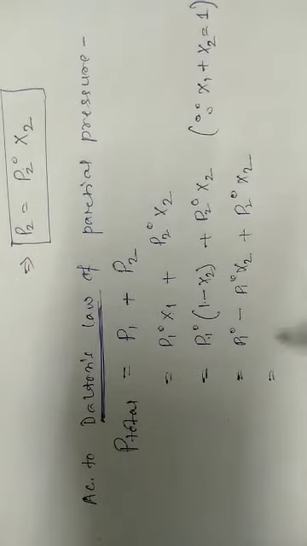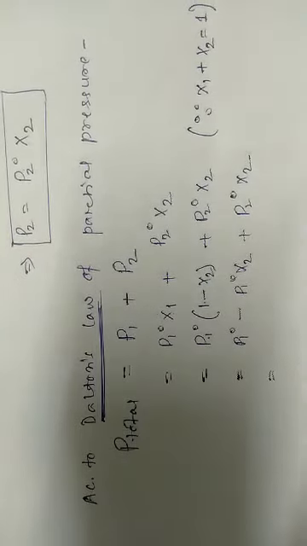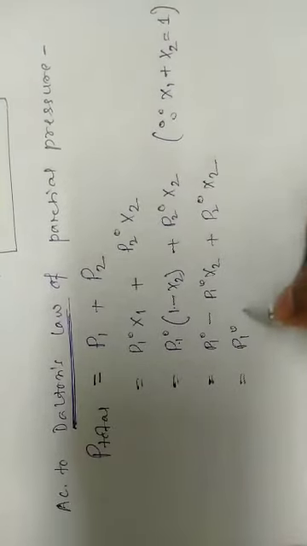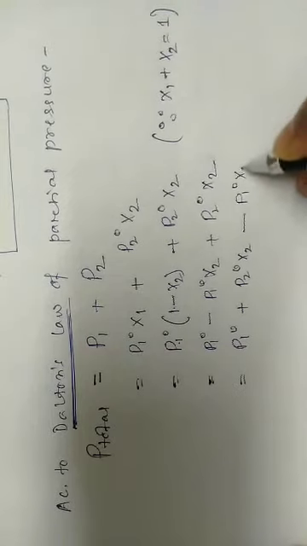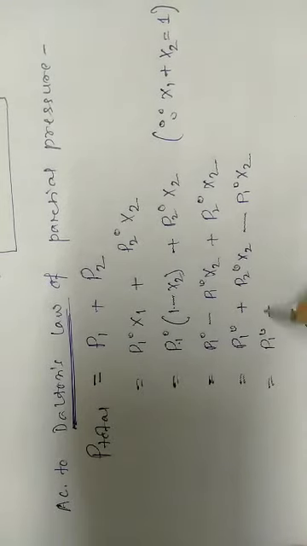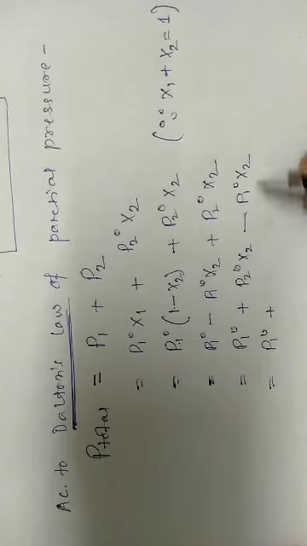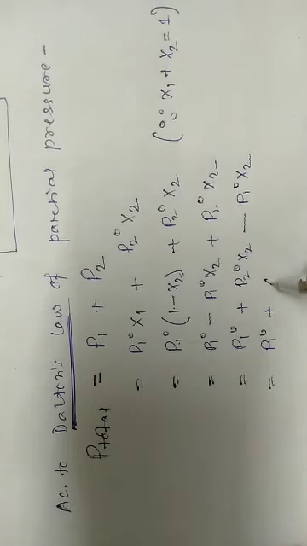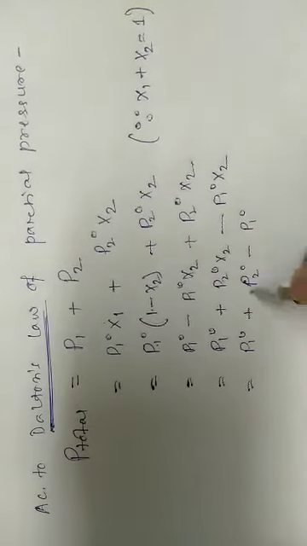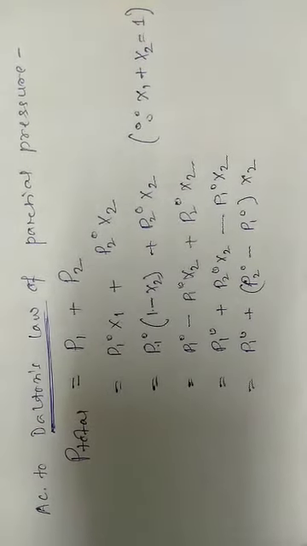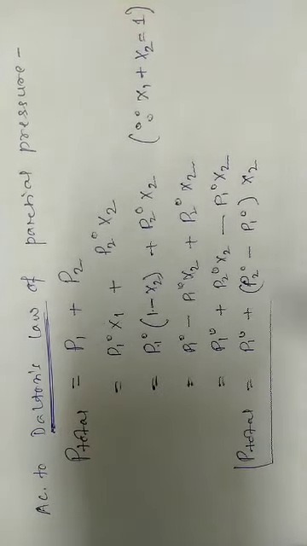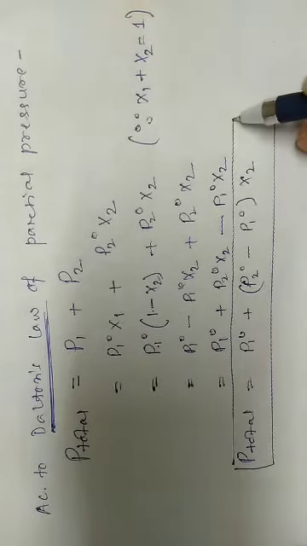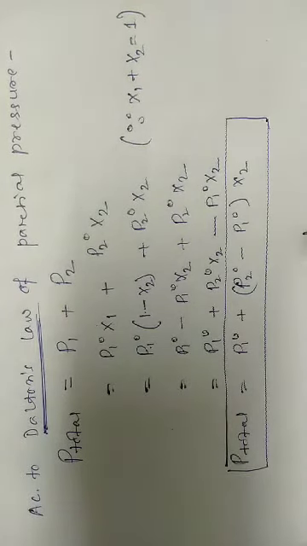Now we take P1 naught out in front and move the negative term after it. Then we can take X2 common, so P total equals P1 naught plus P2 naught minus P1 naught, into X2. So this is one of the relations to find out the total vapor pressure of a liquid solution.